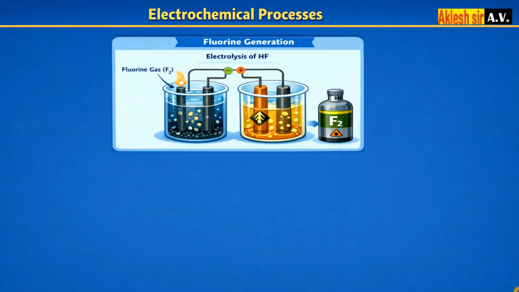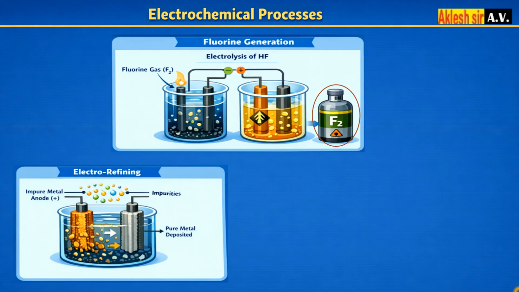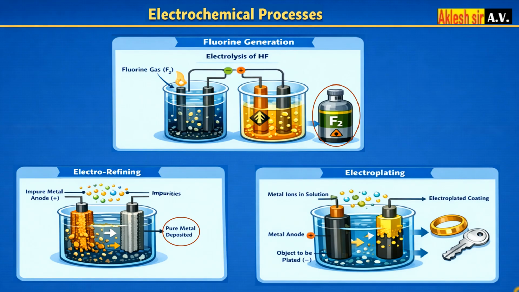Second application of electrochemical process. Electrolysis is possibly the only means to produce fluorine. Third application is processes such as electrorefining for purification of metals. Fourth application is electroplating for coating one metal on the surface of another.